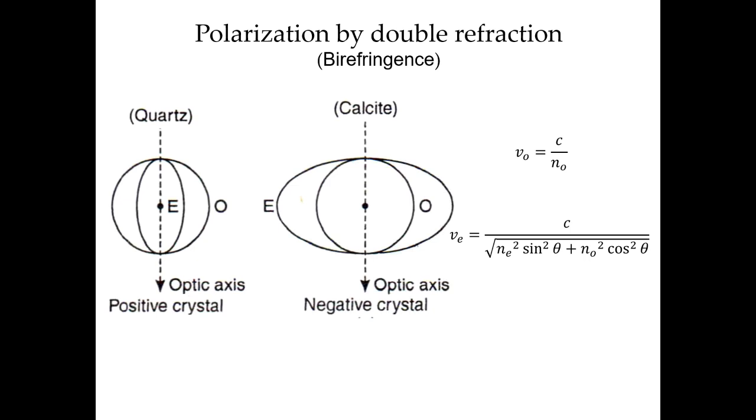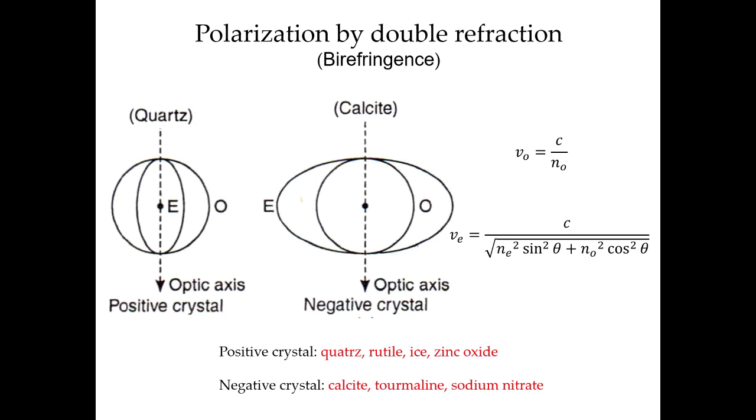In positive crystals, the ellipse is inside the circle, while in negative crystals, the circle is inside the ellipse. In both types of crystals, the ellipse and circle touch each other along the optic axis. These are a few more examples of positive and negative crystals.